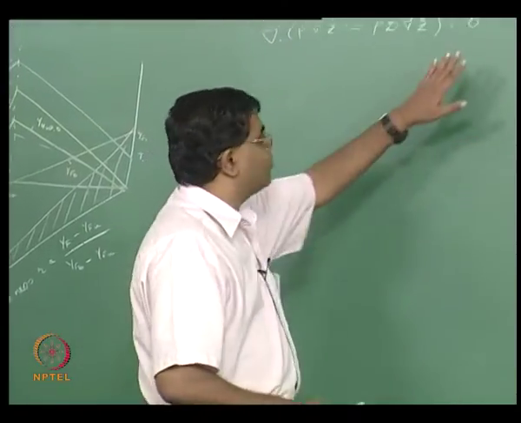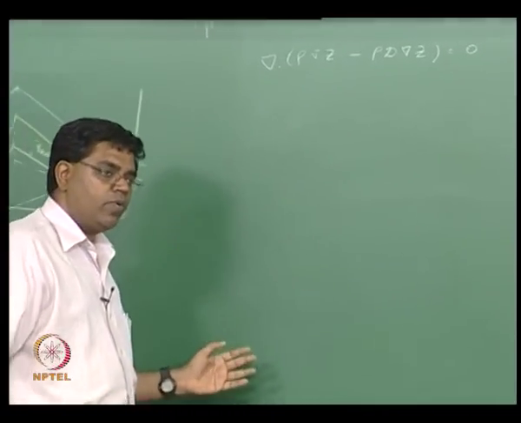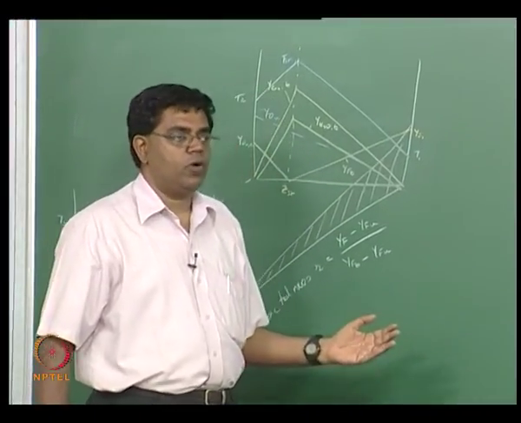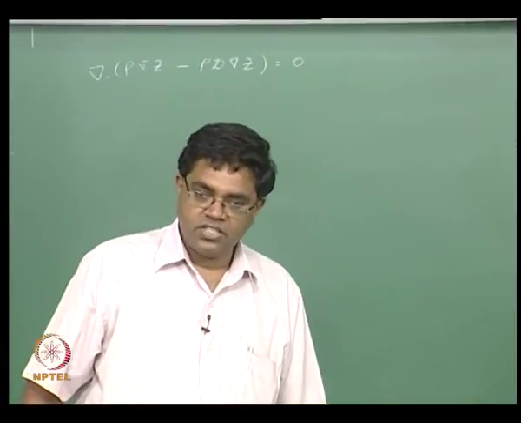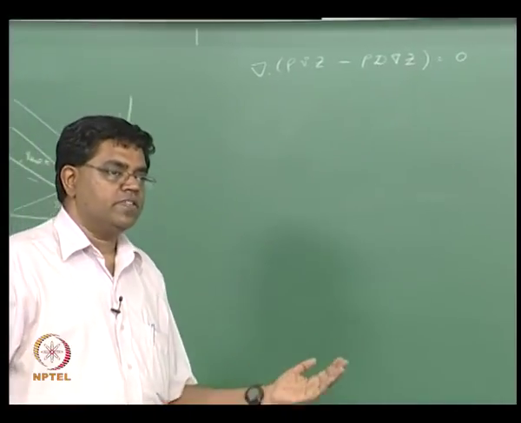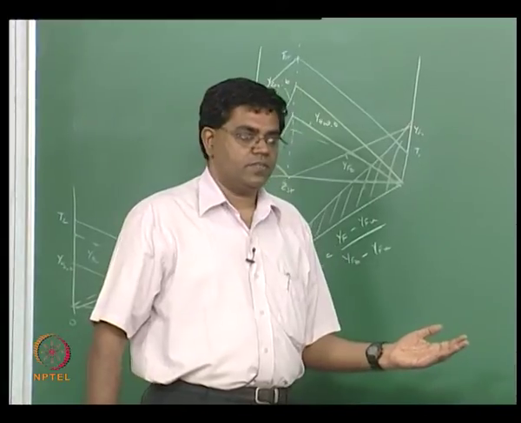So you get 0 here similarly. The other way of looking at it is, while we were looking at the mixture fraction, we also noticed that we could form element mass fractions, like for example ZC, ZH, ZO, and so on, and we could form our mixture fraction based on the element mass fractions.